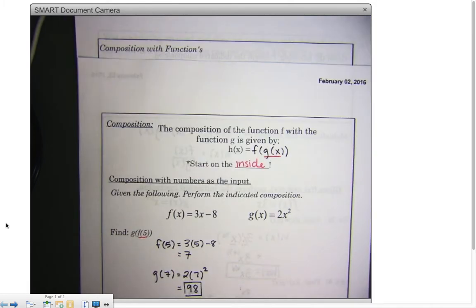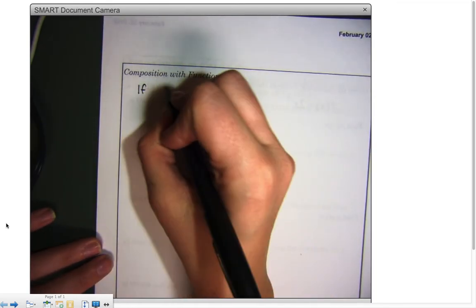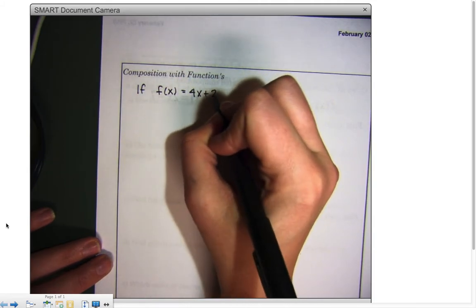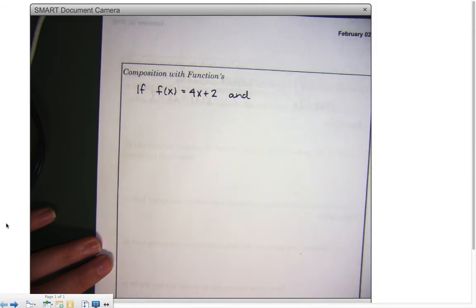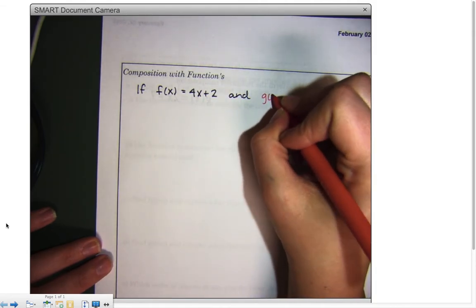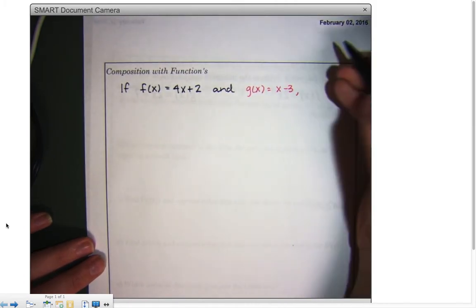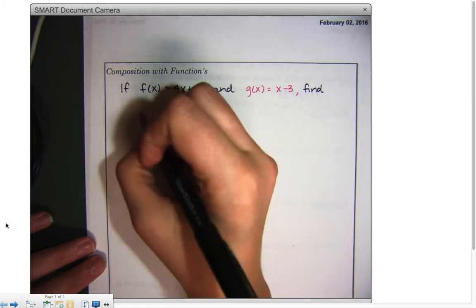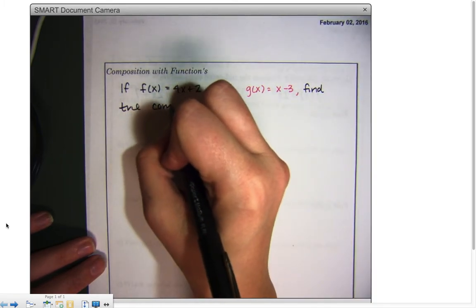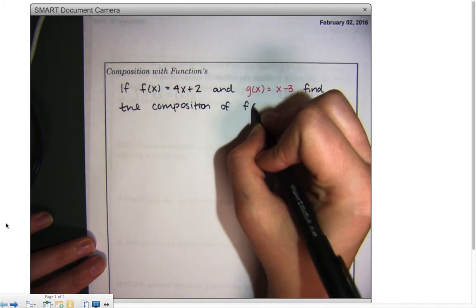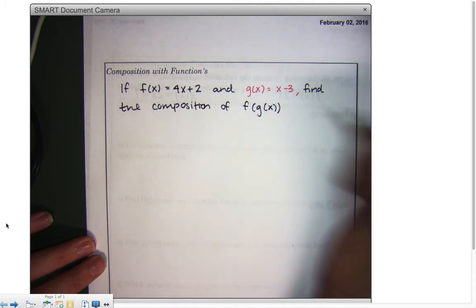So let's try a couple of those. For this first example, I'm going to say if f of x equals 4x plus 2 and g of x equals x minus 3, find the composition of f of g of x.